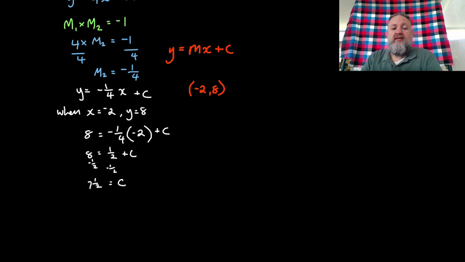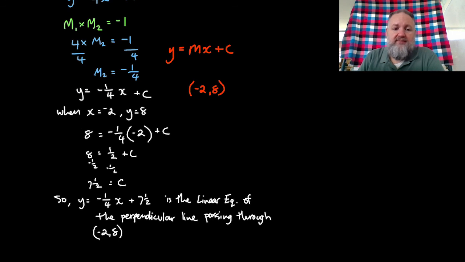So I can then rewrite the beginnings of the perpendicular linear equation that I started with here, and put in my value for c. I can say that y is equal to -1/4 x plus 7.5, and that is the linear equation that is perpendicular to my original, and it passes through that point of (-2, 8).